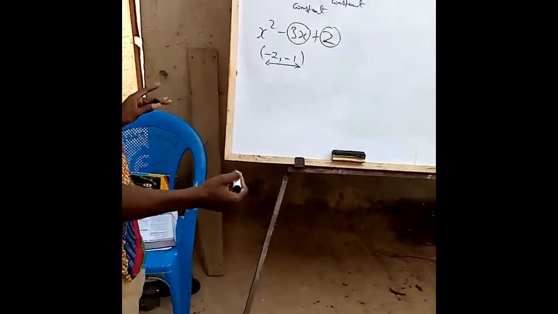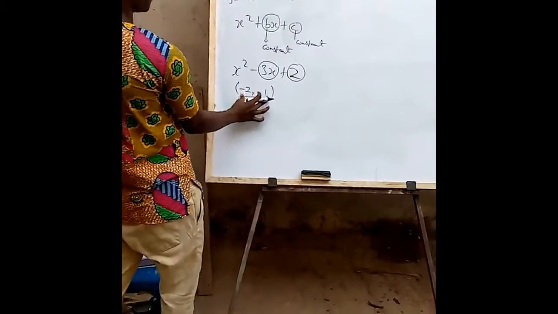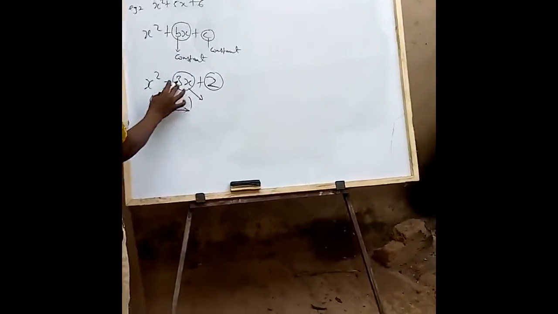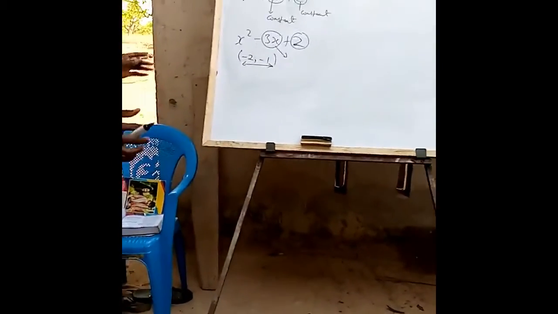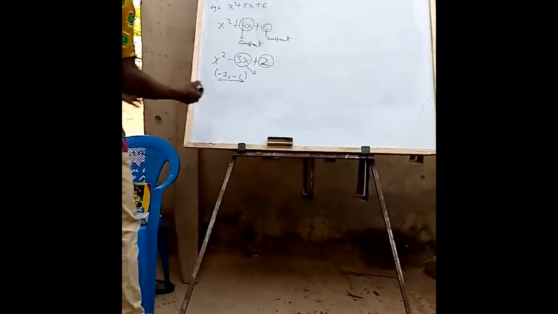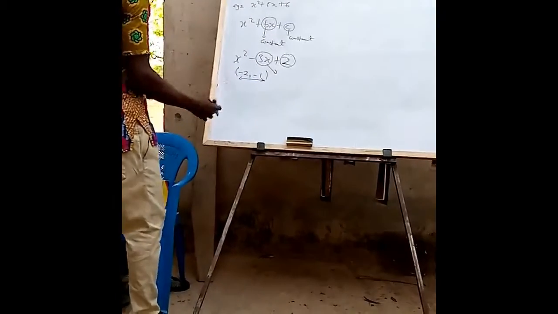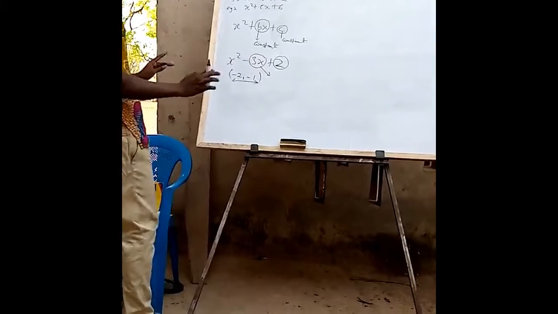Alright, so let's move on. After getting these factors, all you need to do is replace the whole of your 3x by the factors that you now have. The factors are negative 2 and negative 1, because when I substitute here, it takes the place of the whole of negative 3x.